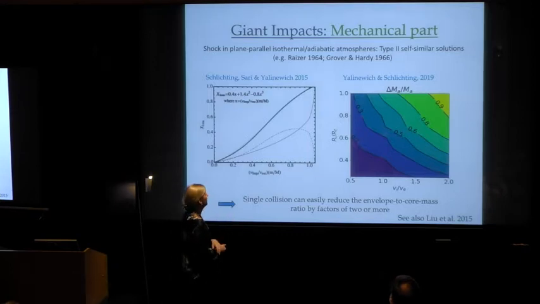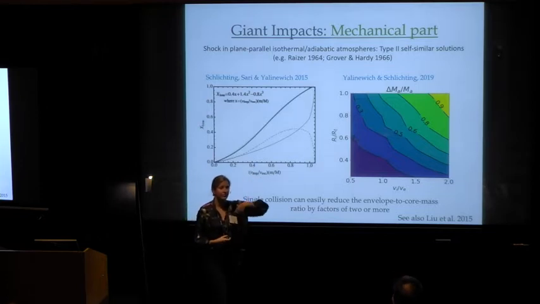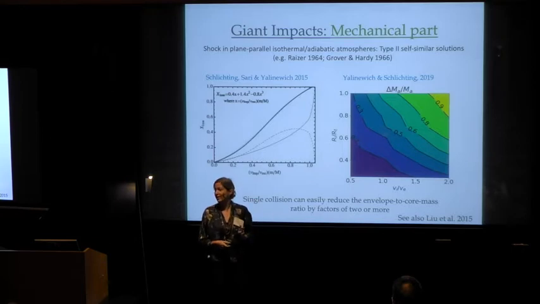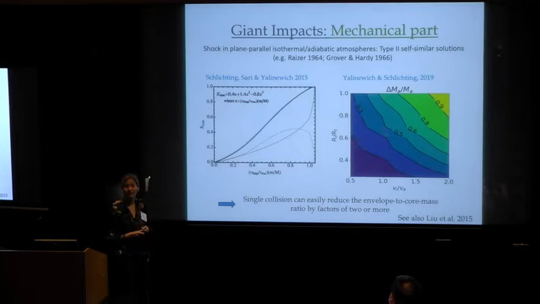Just briefly looking at the mechanical part, actually the atmospheric part, how the shock propagates in the atmosphere and what fraction is lost, is best done analytically. You can do it numerically also nowadays, but basically you get self-similar solutions. You can write it all analytically, and it's sort of cute, and you can understand, right?